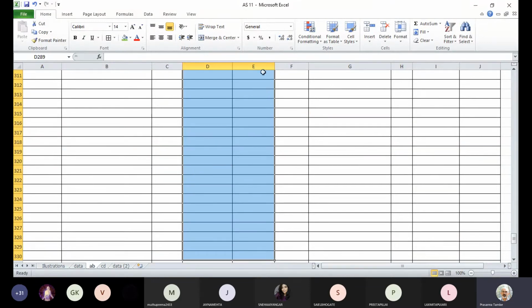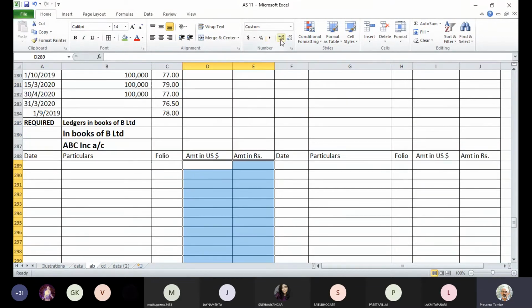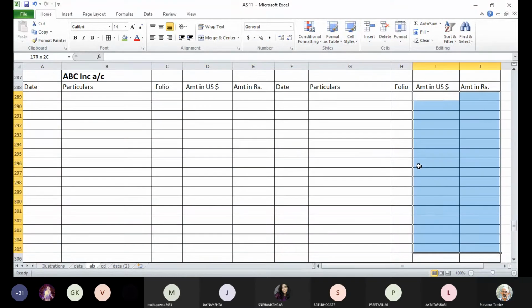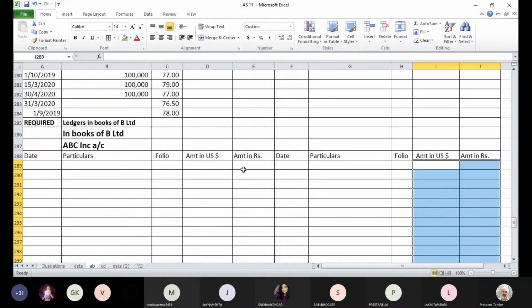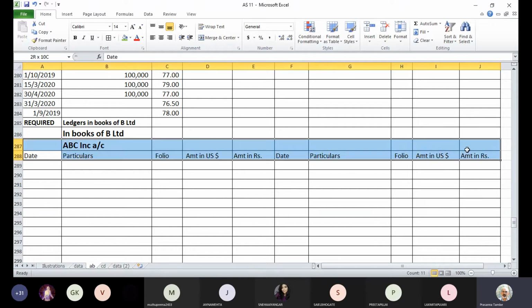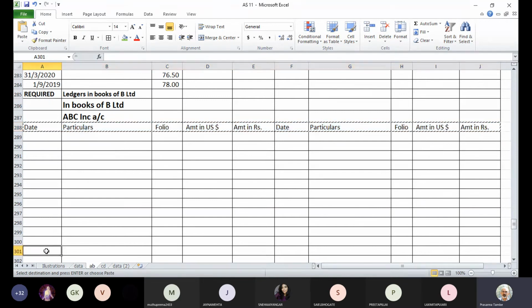So that also we will prepare. Here we don't need the column in foreign currency.